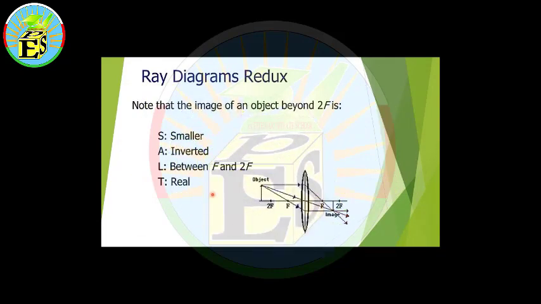When the object is beyond 2f, farther than twice the focal length, the image will be smaller than the object, inverted, and located between f and double f. It's real.